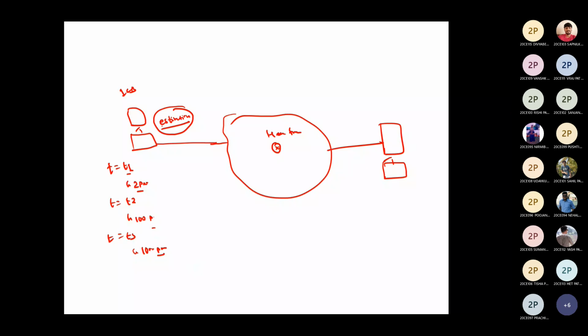It estimates the bandwidth, or the data rate, such that if I send at that rate, there is no chance of packet drop.